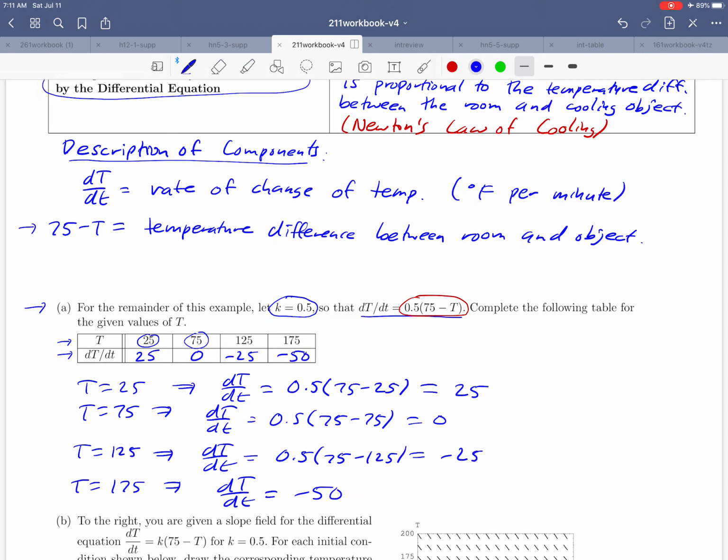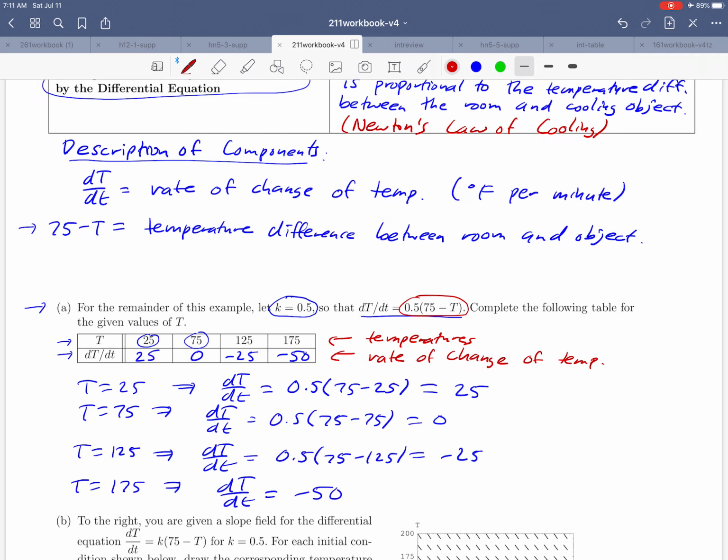Now I want to remind you what all of these numbers mean that we're looking at. The first row in our table, these are temperatures. And in the second row, we're talking about rates of change of temperatures. Now here comes a conceptual question for you.